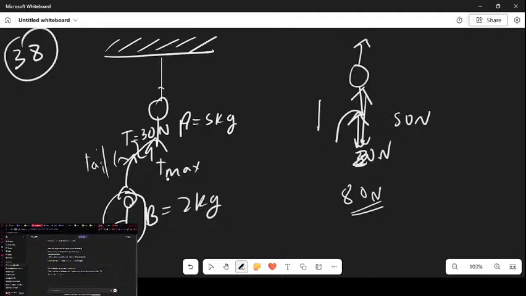So it's going to be 70 Newton, equal to the tension T on the rope. 20 Newton plus 30 Newton, that is 50 Newton, plus 100 Newton.